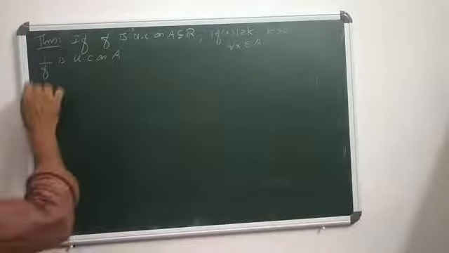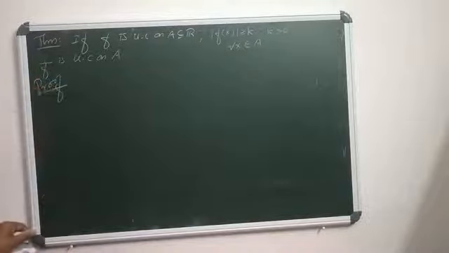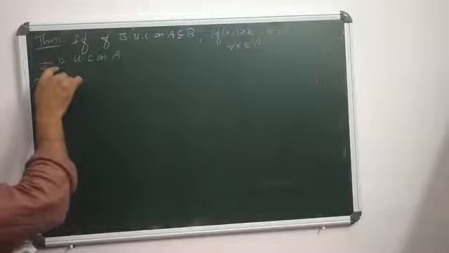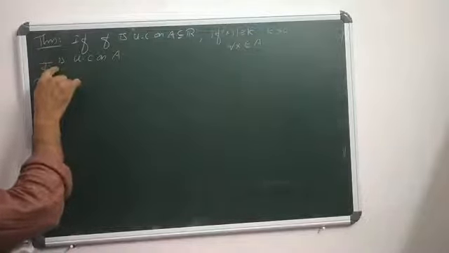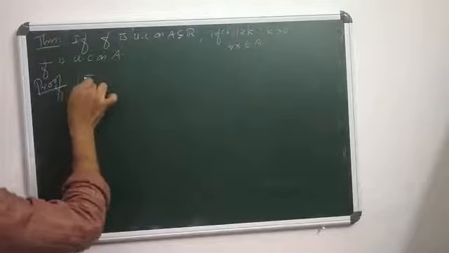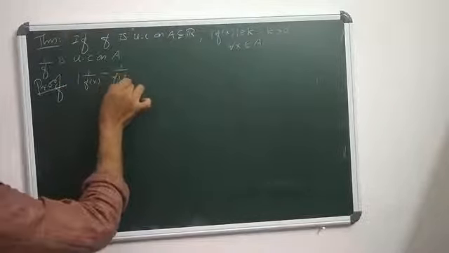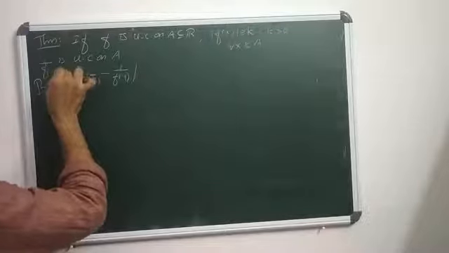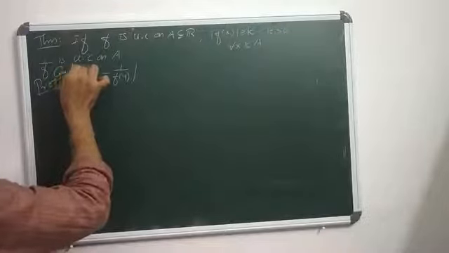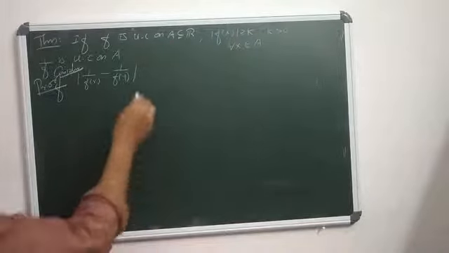So, now come to the proof of this theorem. How to prove this one? To prove 1 by f is uniformly continuous, we first consider modulus of 1 by f of x minus 1 by f of y. What do you get?